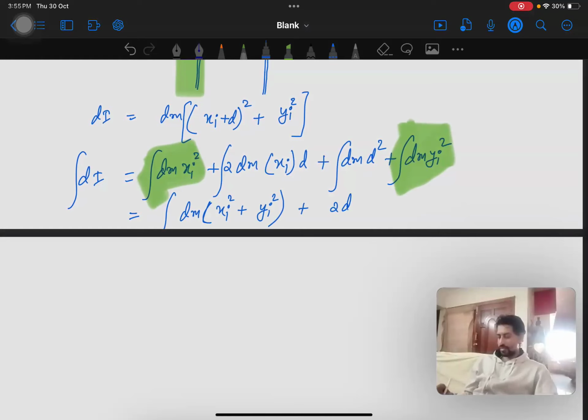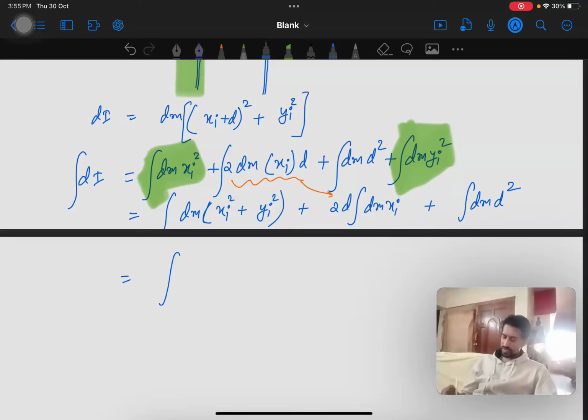And this one is 2d times the integral of this term over here, dm multiplied by xi, plus the integral of dm multiplied by d square itself.